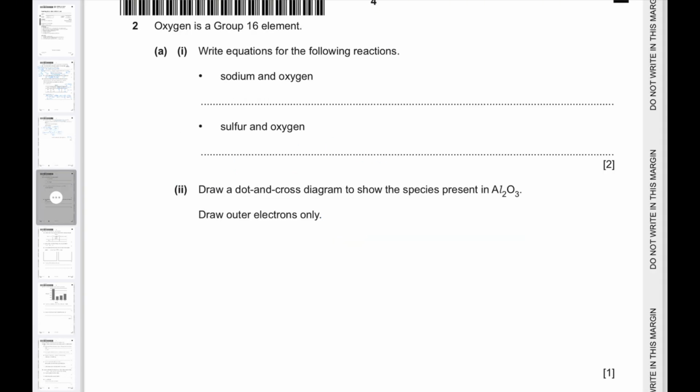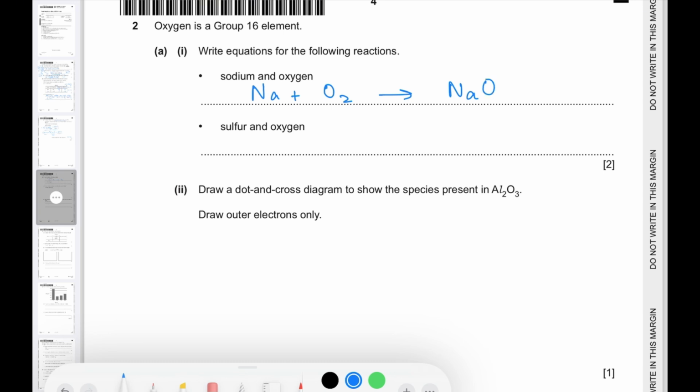Question 2. Oxygen is a group 16 element. Write equations for the following reactions between sodium and oxygen. Sodium has a charge of +1 when it forms the sodium oxide compound, and oxygen has a charge of -2. That means you need 2 sodium ions to neutralize the charge of 1 oxide ion.